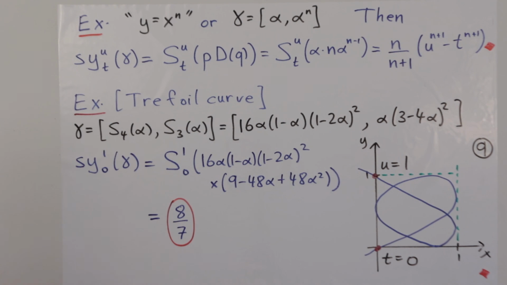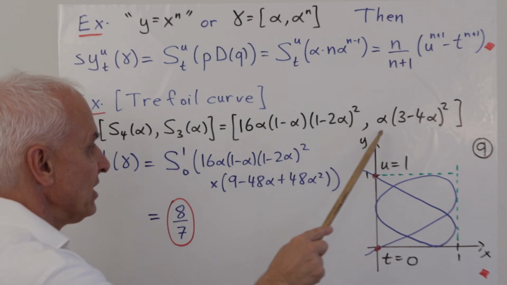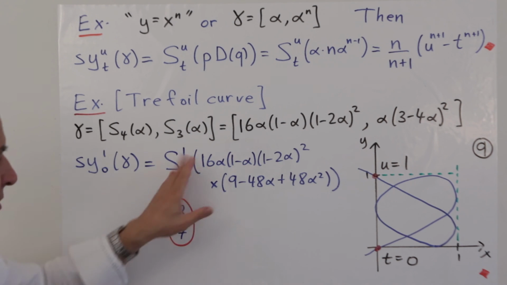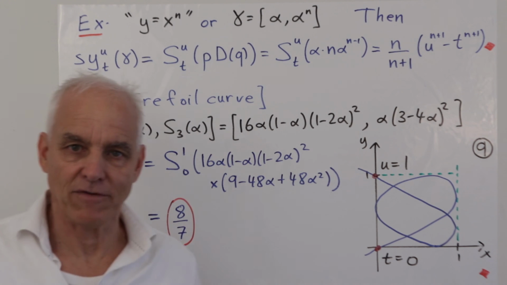We might be interested in what's the signed y area of this thing from 0 to 1. Well, we take the Faulhaber integral from 0 to 1 of p times dq. So we have to take the derivative of this, which turns out to be this, and then you have to evaluate all of that, just polynomial expansion, and then integrate, and you get 8 over 7. You can check.